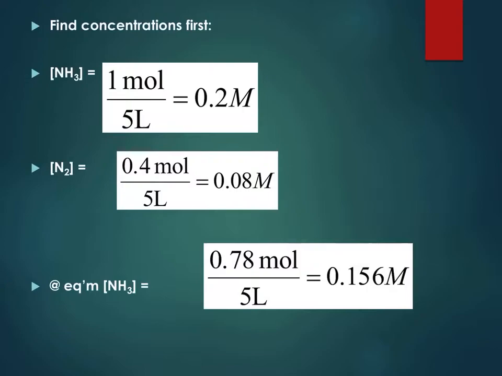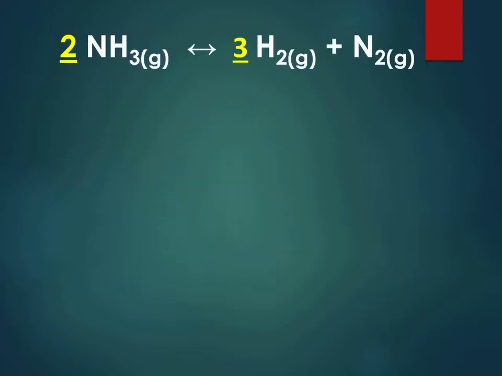Okay, so now we have concentration, and again, one more time, you're only ever going to put concentrations in an ice table. So we can go ahead and do that. You've got the skeleton there on your sheet. I have underlined the coefficients on purpose.